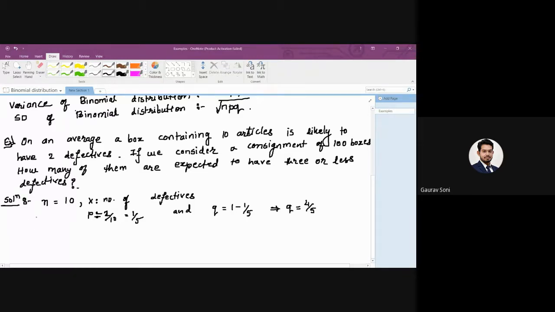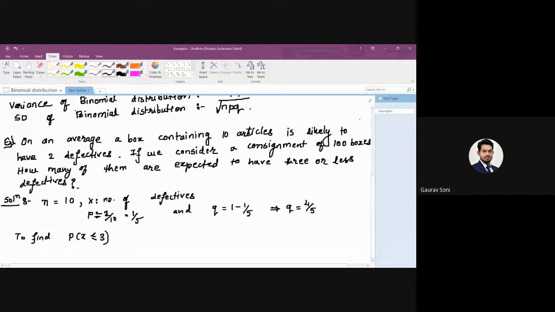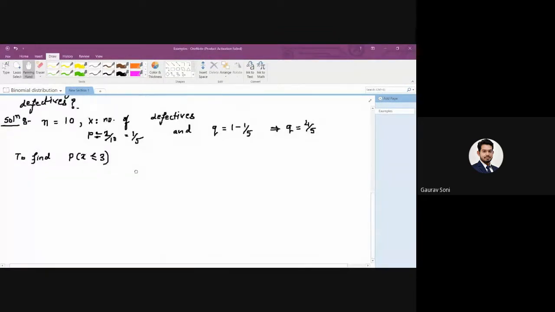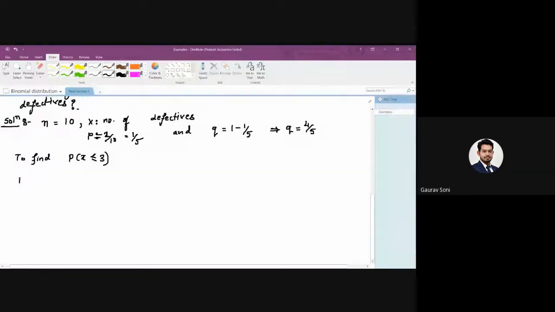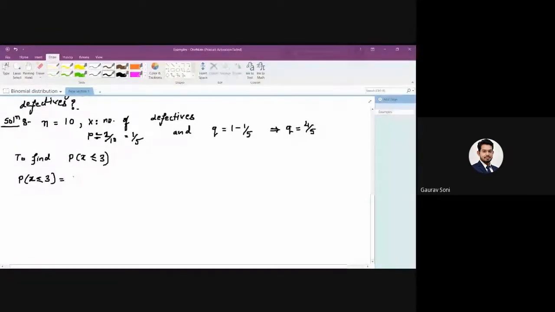Fine. So to find the probability of x less than or equal to 3, we'll have probability of x less than or equal to 3 equal to probability of x equal to 0 plus probability of x equal to 1 plus probability of x equal to 2 plus probability of x equal to 3.